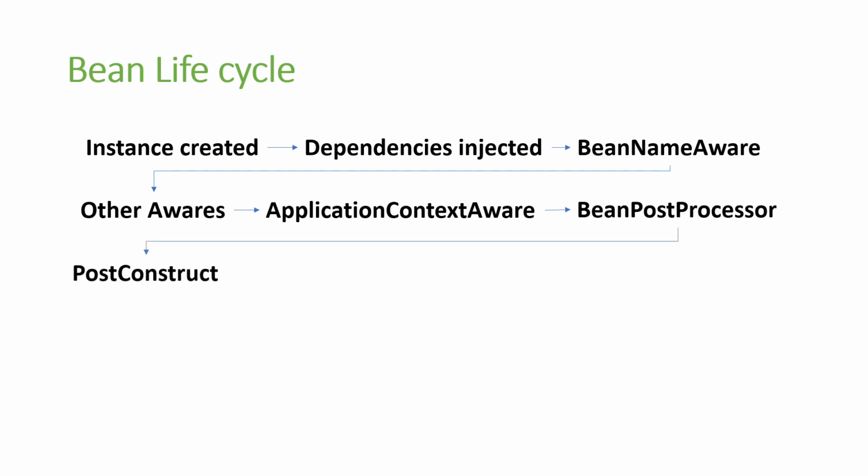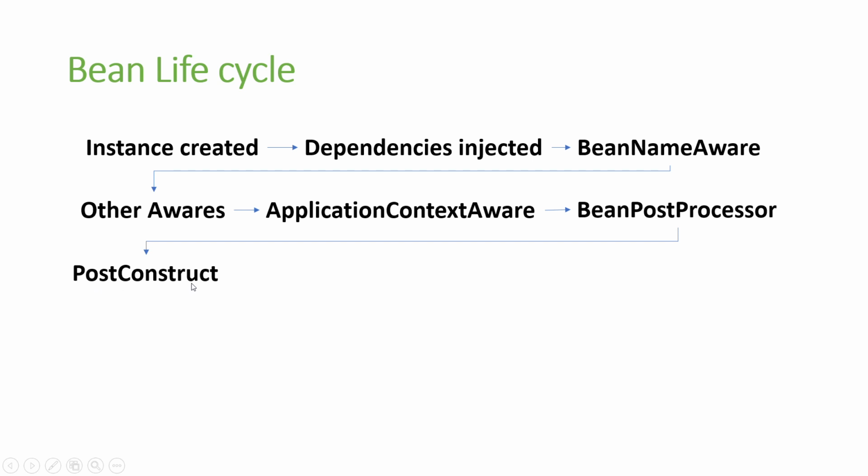it will call a method inside the bean class which is annotated with @PostConstruct. PostConstruct is an annotation not related to the Spring framework. It comes from Java only, from the javax package.